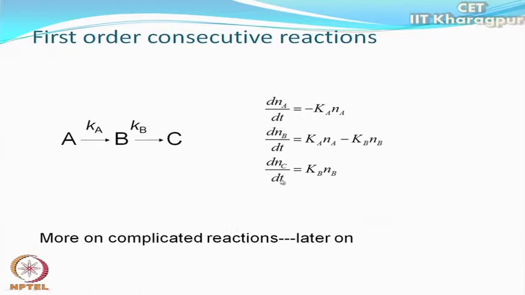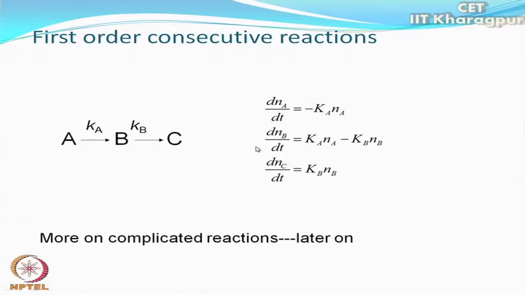Complications may come into action if we keep on adding more steps. This was the simplest situation we started with, then we added another component, that B will be converted to C. So, you see that your description becomes more complicated.